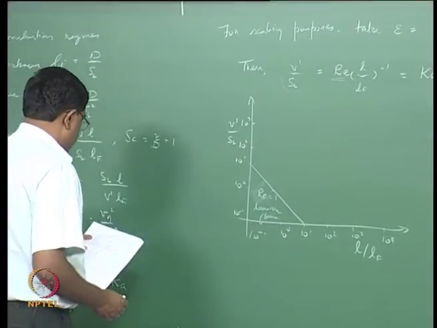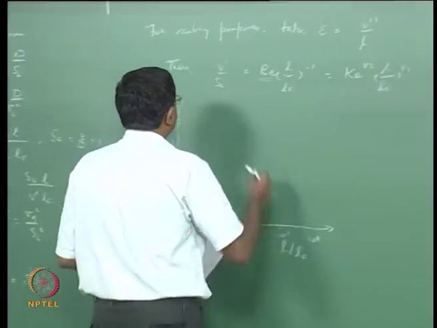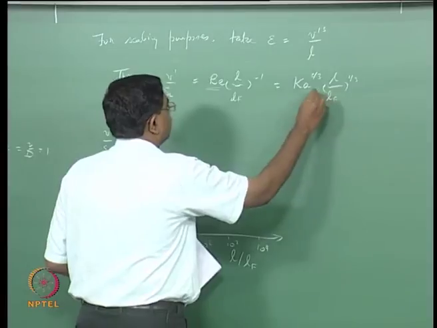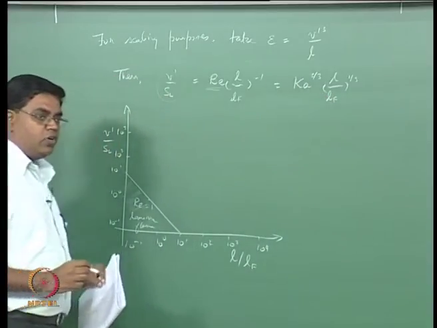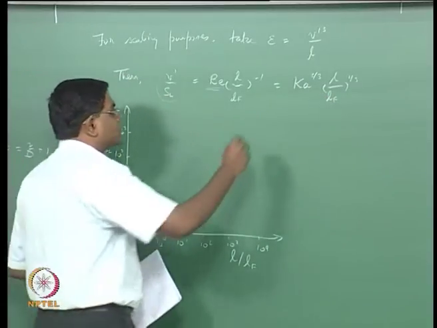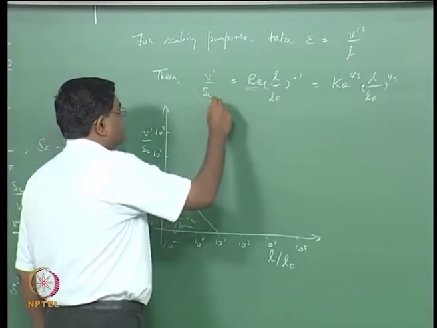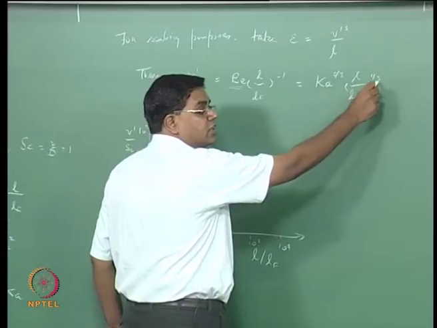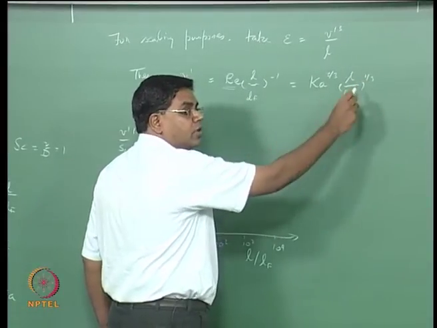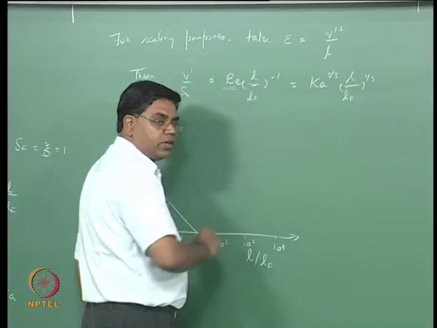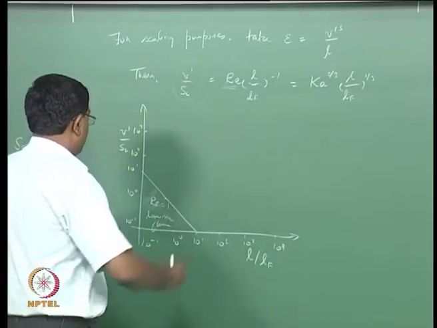Then the next thing we have to look at is how V prime over SL is related to L over LF through the Karlovitz number. So can we now plot constant Karlovitz number lines? The answer is that V prime over SL goes as the 1/3 power of L over LF, and therefore in a log-log plot it is going to be a straight line with a slope of 1/3, going upwards.